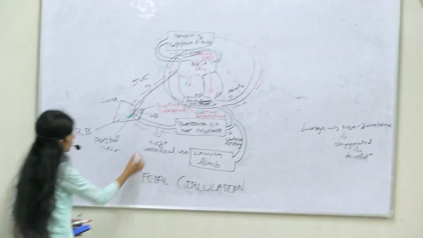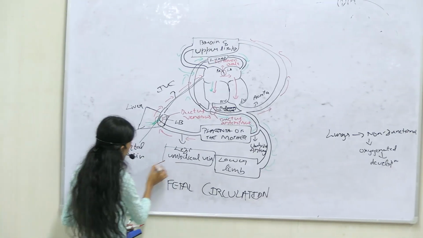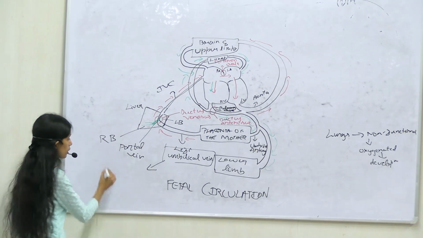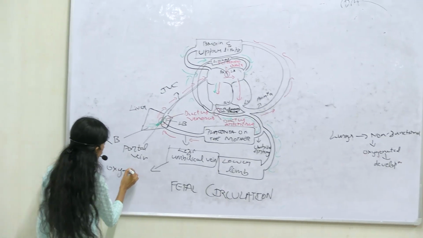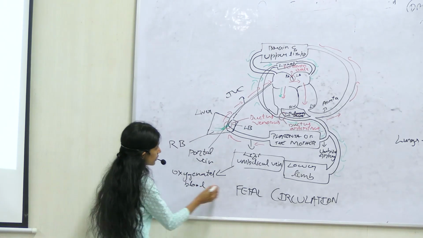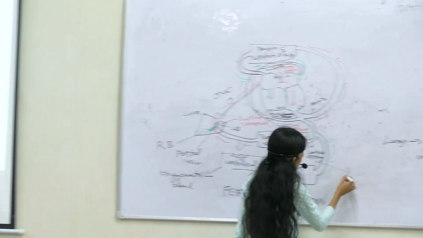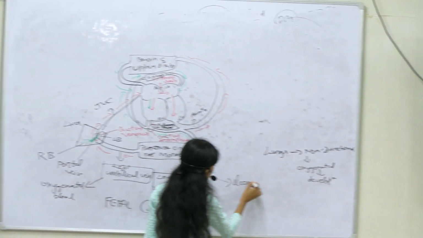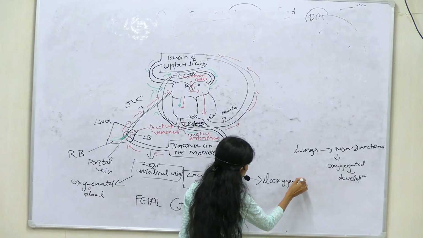These are the events that happen before the birth, okay. There will be some changes after the birth. So what are all the changes we can see after the birth? If you clearly observe, in the fetal phase, the oxygenated blood is carried by the vein and deoxygenated blood is carried by the artery.